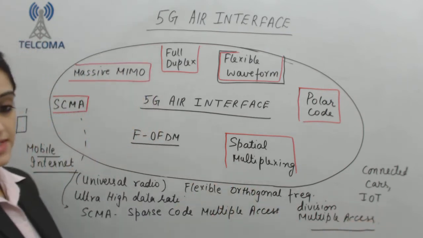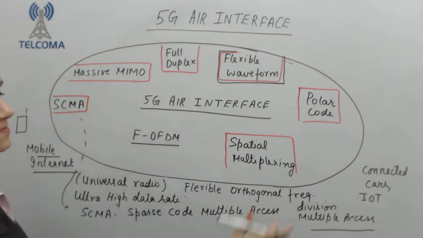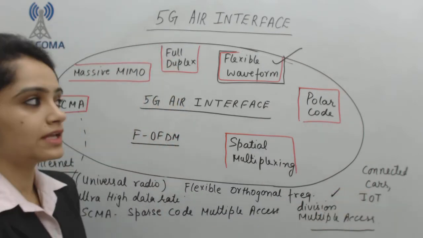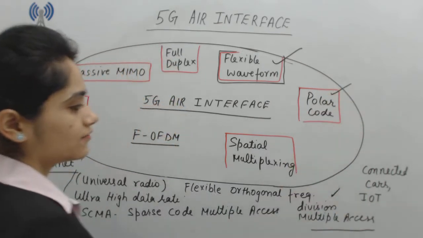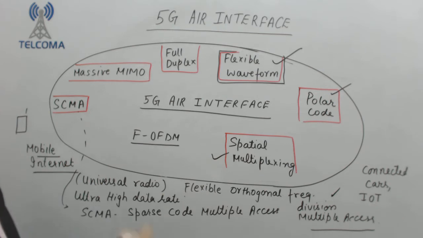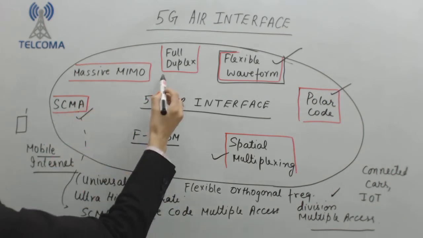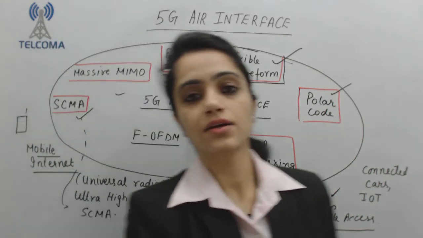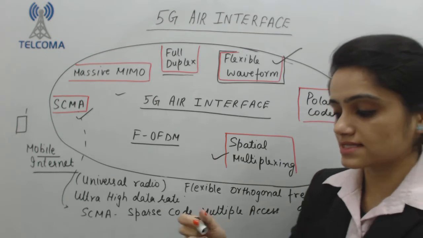So as we have discussed the requirements of this part, we require flexible waveforms, OFDM, we require codes, multiplexing techniques, and a multiple access technique also. And my mode should be full duplex mode with the MIMO concept. Now why do I use massive MIMO?